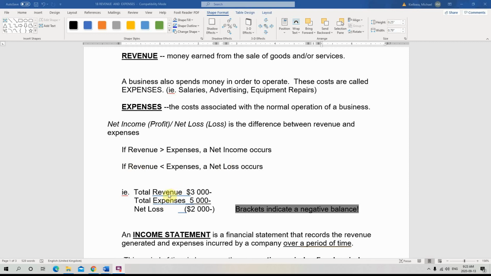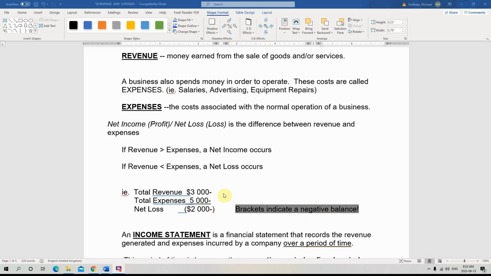So if we had total revenue equal to 3,000 and total expenses equal to 5,000, we would have a net loss of 2,000. And the brackets indicate that it is a negative balance. So we don't put a minus sign in front of the 2,000, we just put it in brackets.